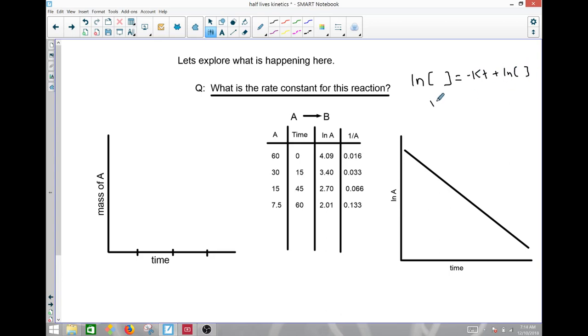This is following y equals mx plus b. That's now a straight line. This is the y-intercept, the natural log of our concentration at time 0. This is the time, this is my k value right here, and this represents the slope.